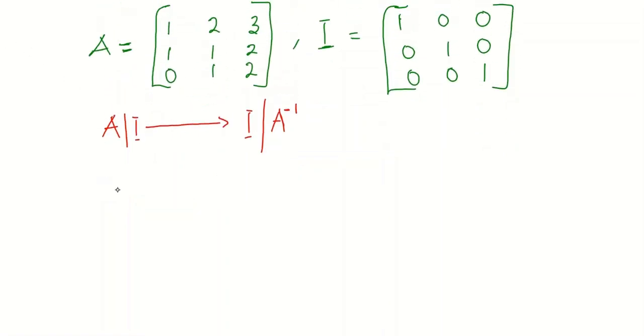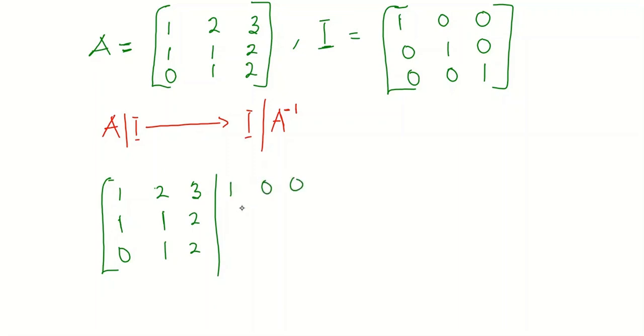In that case, we have the matrix A first, that is 1 2 3, 1 1 2, and 0 1 2, and when we augment with the identity matrix, we have 1 0 0, 0 1 0, 0 0 1.